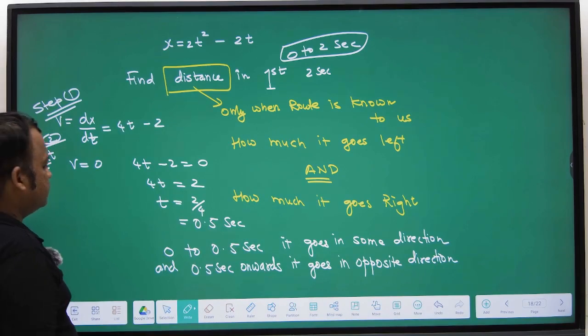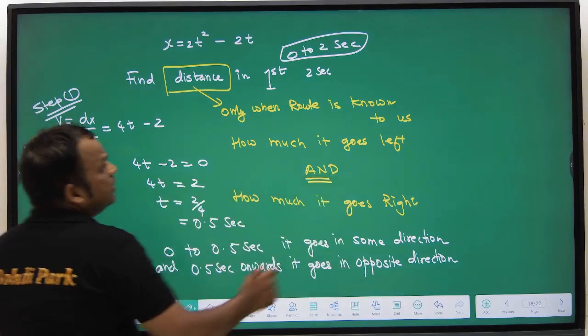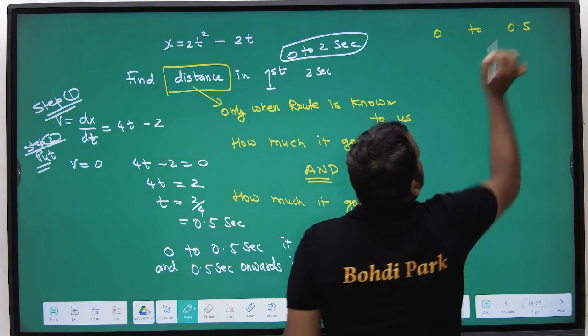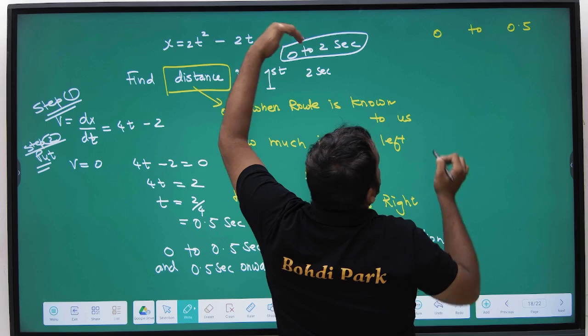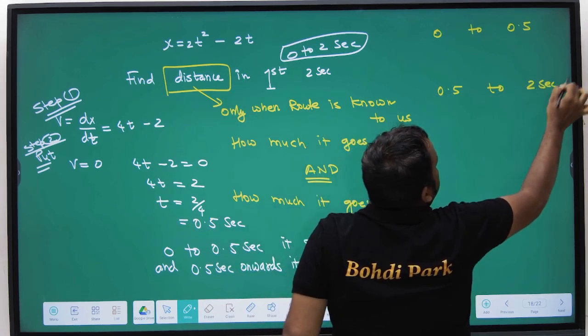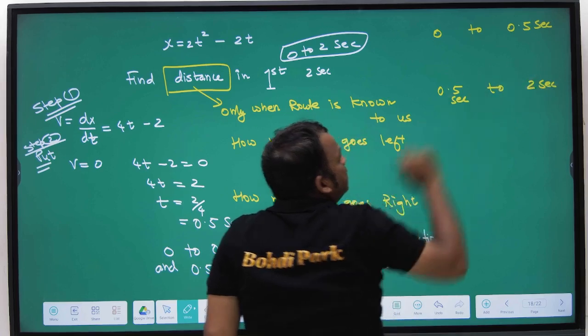So now we have a time interval 0 to 0.5 and they're asking 0 to 2. So next will be 0.5 to 2 seconds. 0 to 0.5 second and 0.5 second to 2 second.